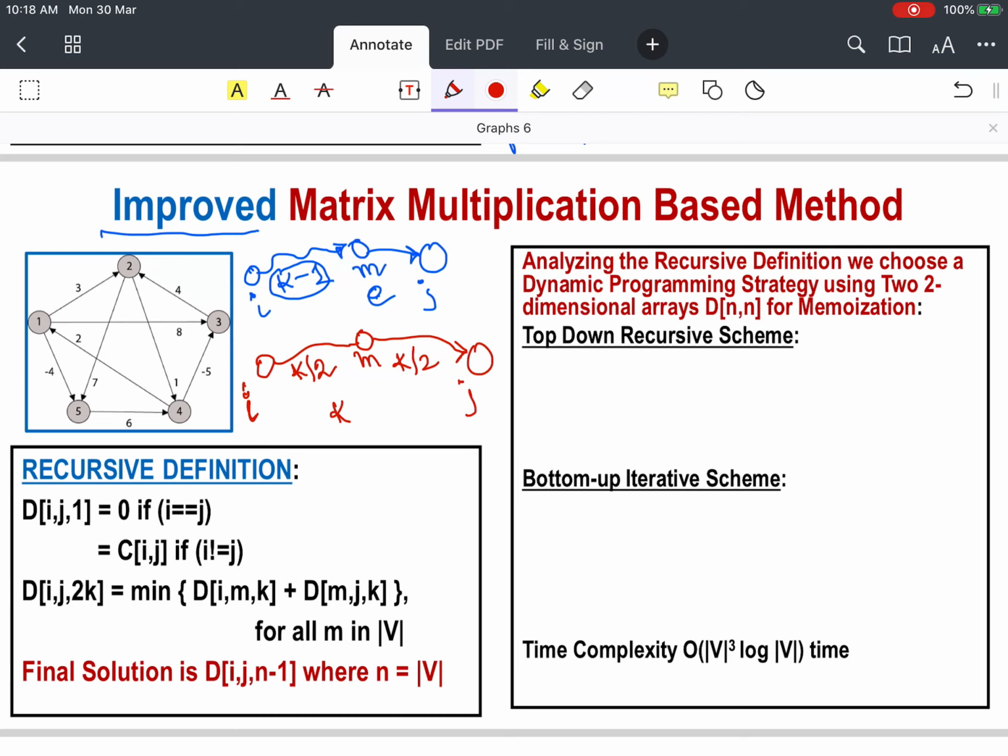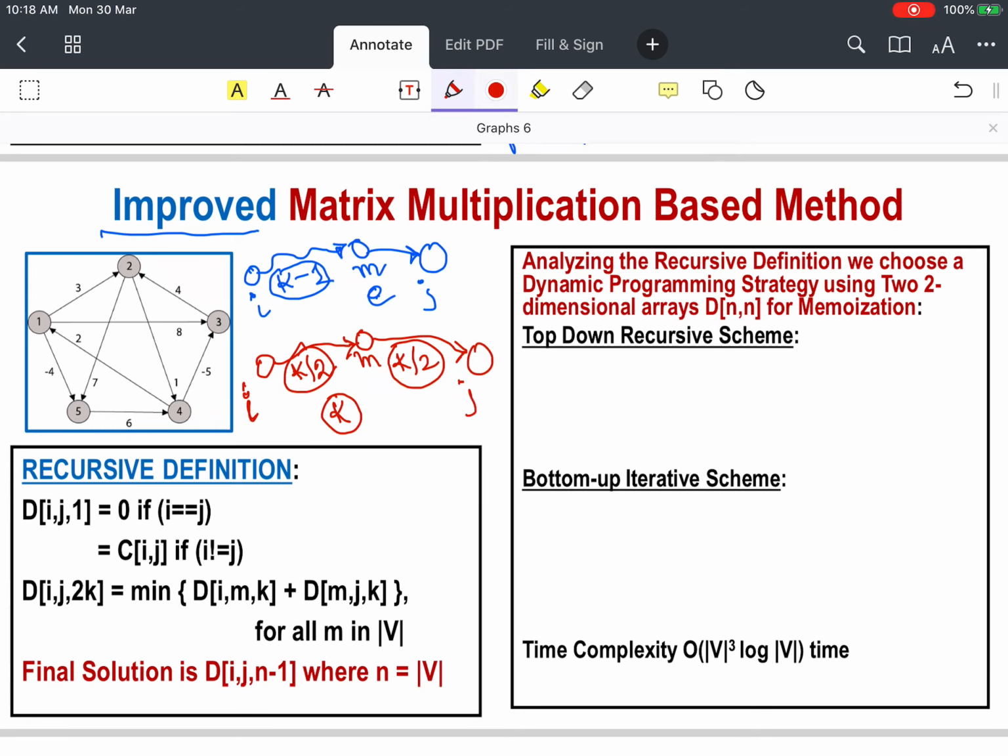So a path of length at most k will have half path lengths from both sides: a path of length at most k by 2 from i to m and another path of length at most k by 2 from m to j.